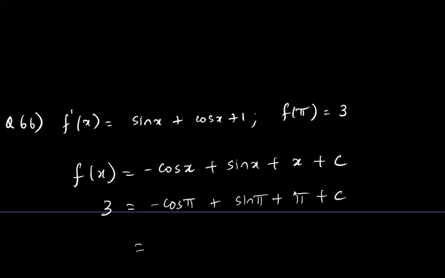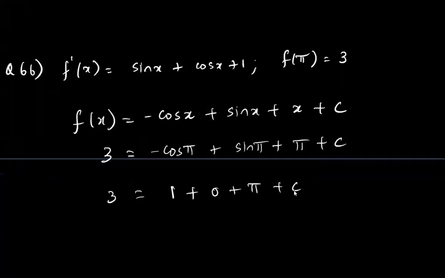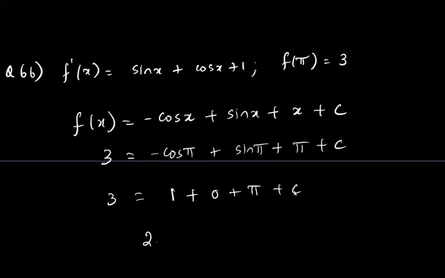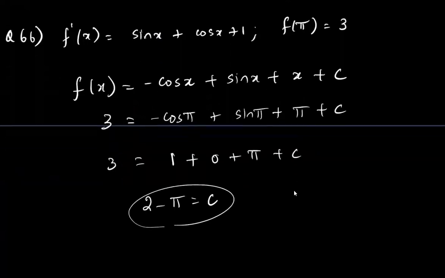Cosine pi is negative 1, negative times a negative is a positive. Sine pi is 0. So which means 2 minus pi is c. So then I put it together to write my f of x as negative cosine x plus sine x plus 2 minus pi.